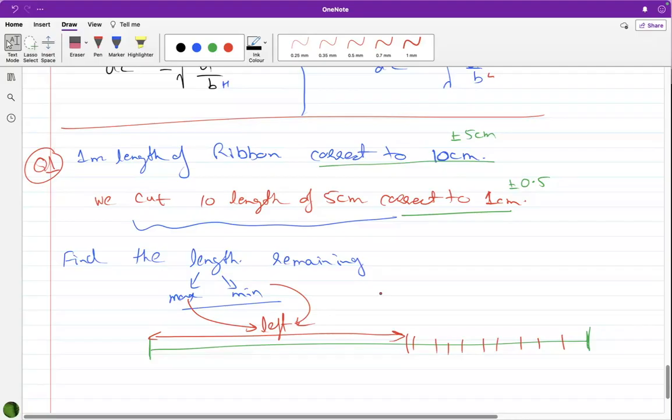Don't rush through the question. There's accuracy to both of these, the full length and those cuts. 10 lengths of 5 centimeters is 50 centimeters. Do you agree that for maximum length, we will write 105 minus 10 lengths of 4.5?